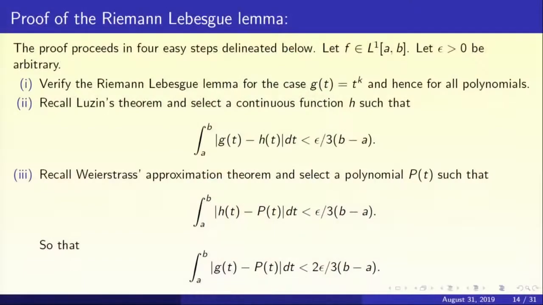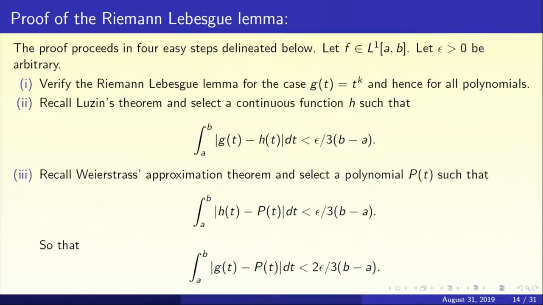These are Littlewood's 3 principles, and this is one of them. Our function g is in L1, so I can approximate it by a continuous function. So we pick a continuous function h(t) such that the integral from a to b of mod g(t) minus h(t) dt is less than epsilon by 3.